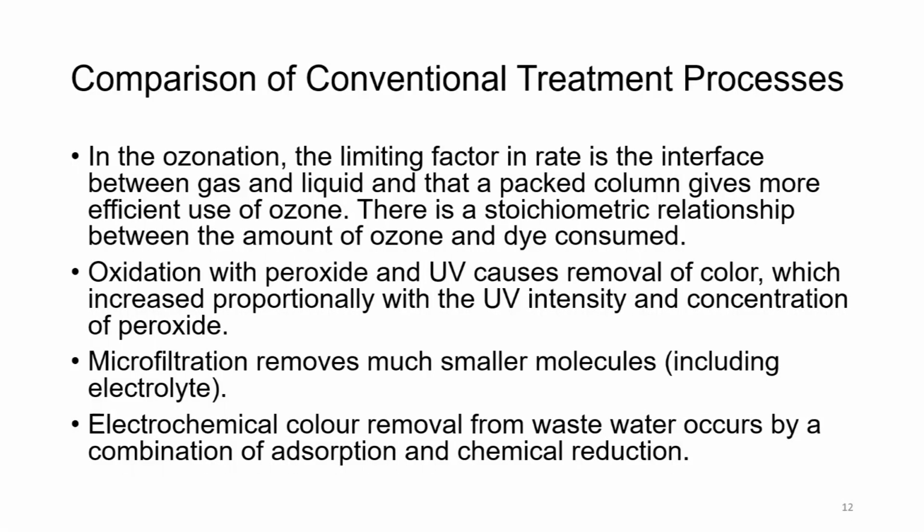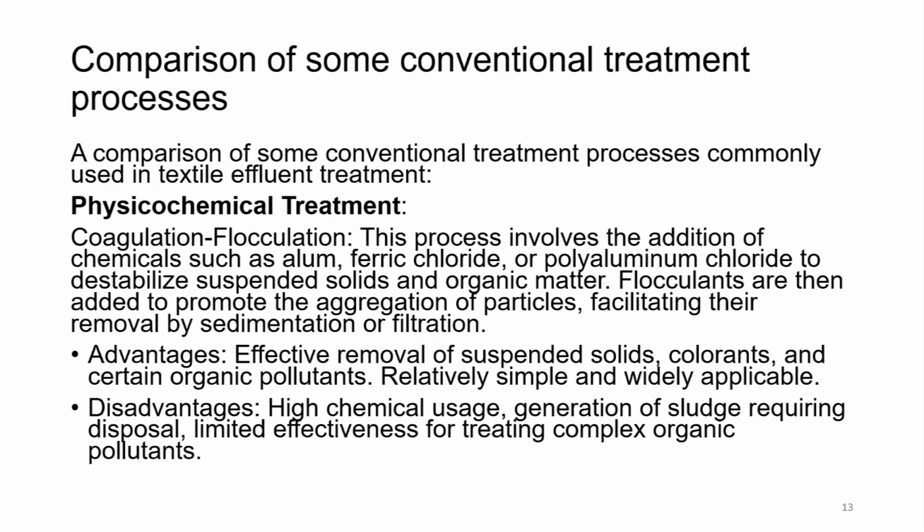Oxidation with peroxide and UV causes removal of color undoubtedly, which increased proportionally with UV intensity and concentration of peroxide. Microfiltration removes much smaller molecules including electrolytes. Electrochemical color removal from wastewater occurs by combination of adsorption and chemical reduction. So, a comparison of some conventional treatment processes commonly used in textile effluent treatment is given here.